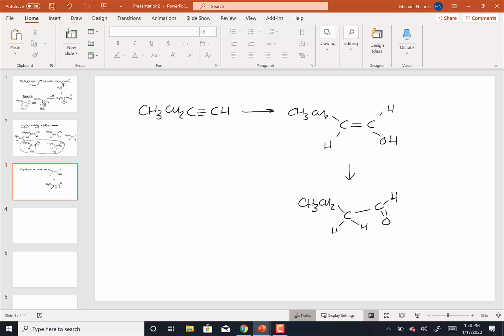What reagent would I use to do H and OH addition anti-Markovnikov?